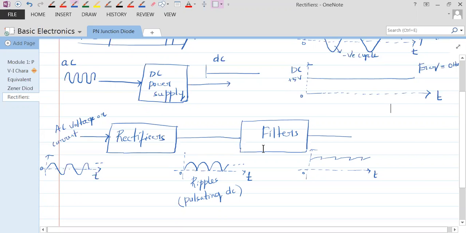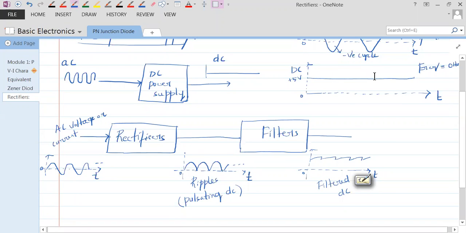Okay, so it gives us this, but this again is not pure, but it is better than the ripple or pulsating DC. This is called filtered DC. Understand that this is filtered DC, but it is still not the pure one like this.